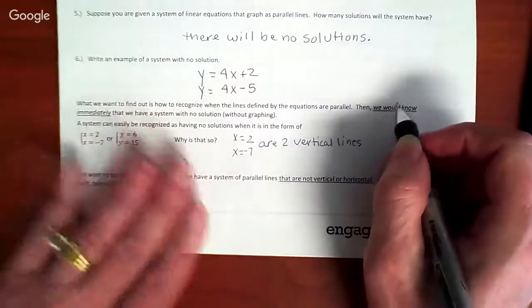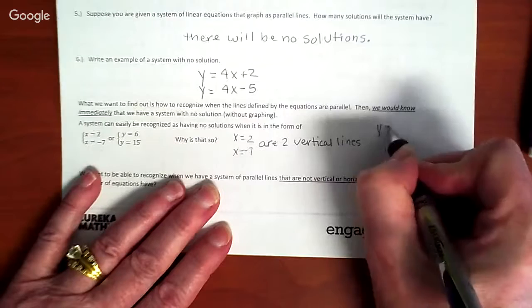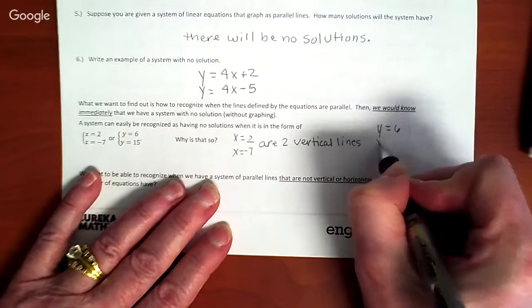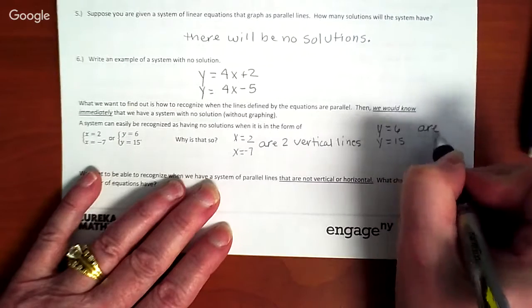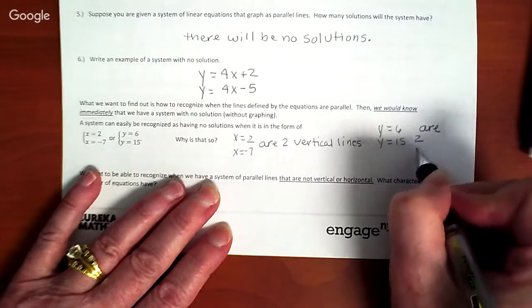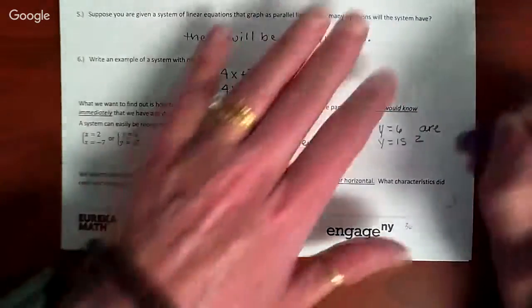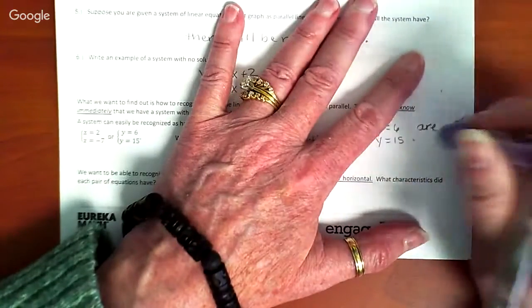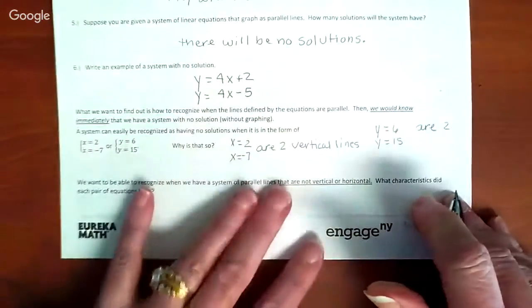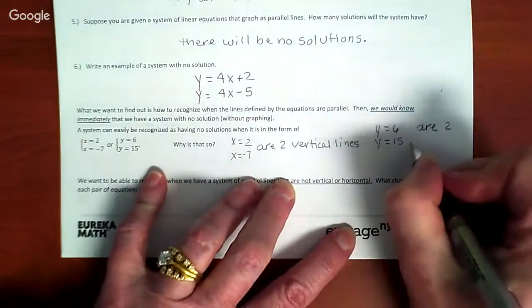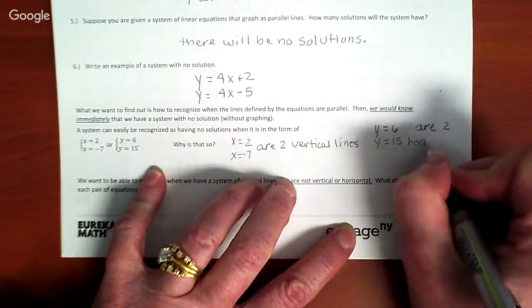Y equals 6, y equals 15 are two horizontal lines. Let me write it this way, guys. I don't like to leave that word like that. Sorry, are two horizontal lines.